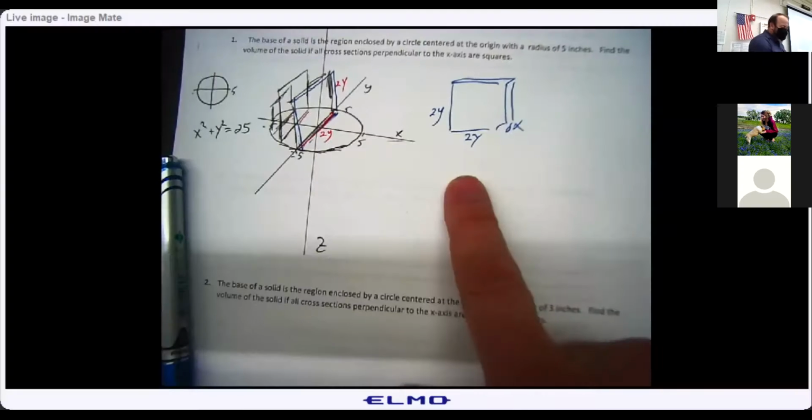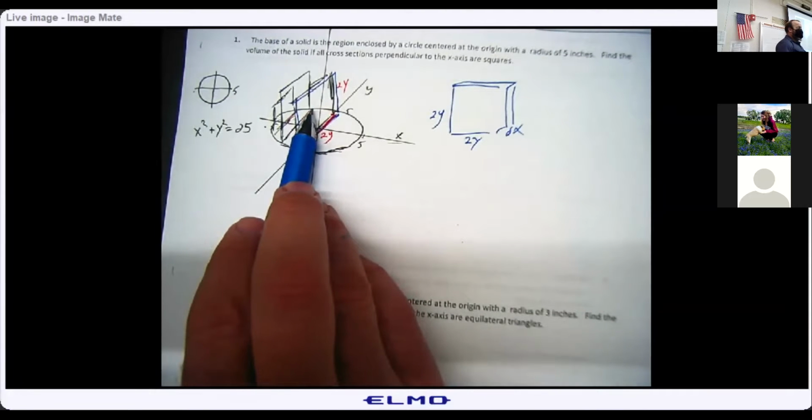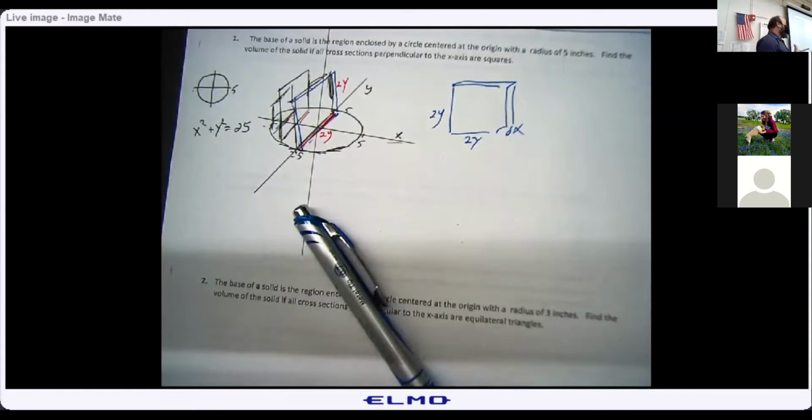Back to our video. Okay, so what we're going to do is look at this piece. So I'm stacking these little rectangular solids in there. You guys follow that? It's actually called a rectangular prism, and you can imagine doing that. In fact, I saw it once and it was really cool.